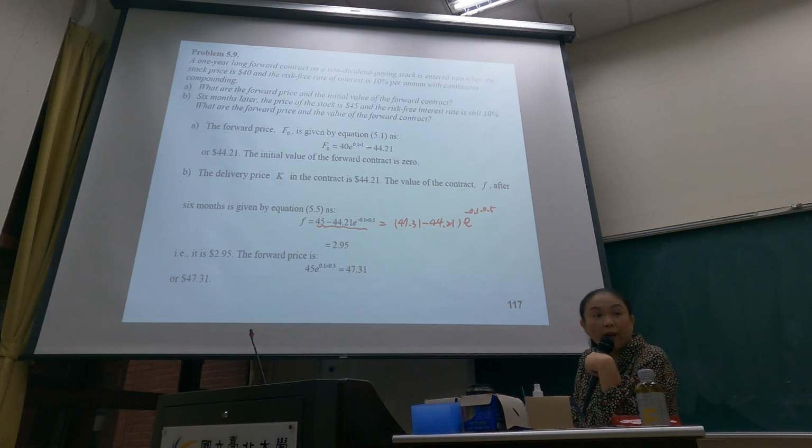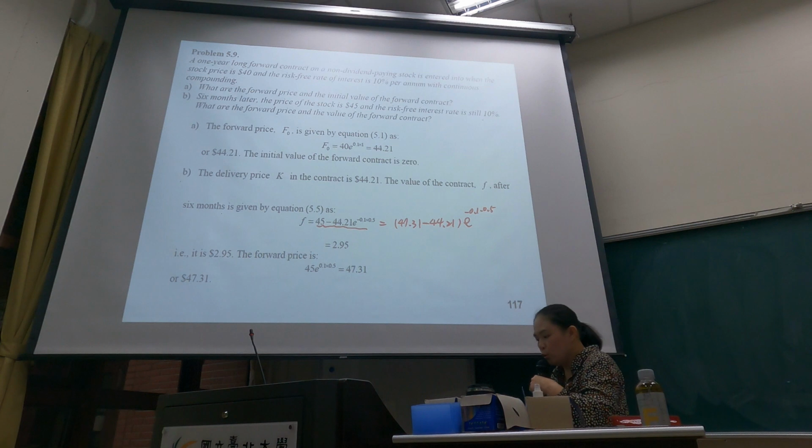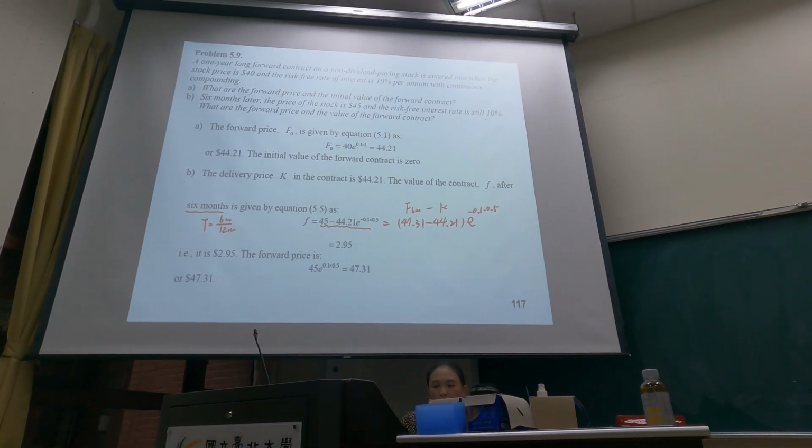It's actually the same thing, but it will be better if you just follow the formula here, to help you better understand the reason why you do the computation. Remember, that's F at 6 months minus K here. And pay attention, after 6 months, T equals 6 months over 12 months. It's no longer 1 year. So this one is a little bit of a trap. You have to pay attention to this one. You guys follow me so far? Okay.